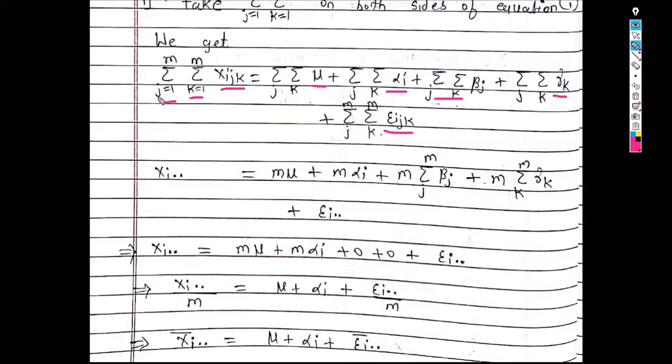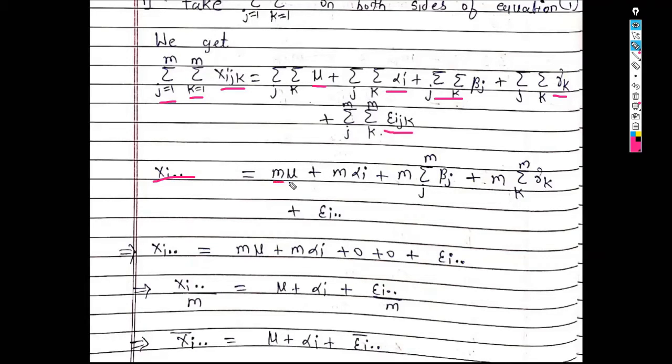When we take summation over j and k of x ijk, we get the ith row total, that is, the sum of the observations present in the ith row.